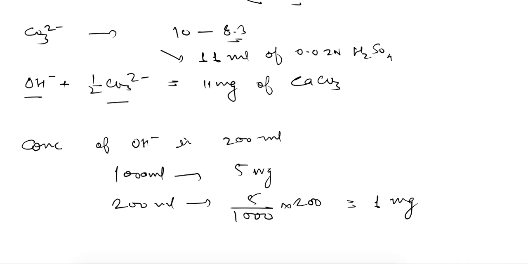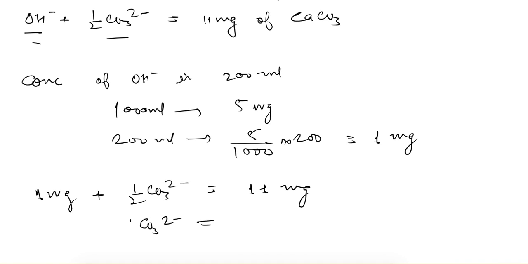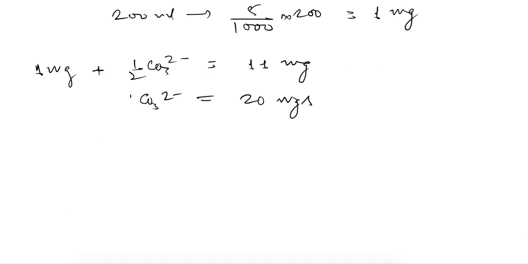So we can deduct from here: 1 milligram plus half of CO3 2 minus is equal to 11 milligram, so half of CO3 2 minus is 10, and CO3 2 minus is equal to 20 milligrams, that is in 200 ml.